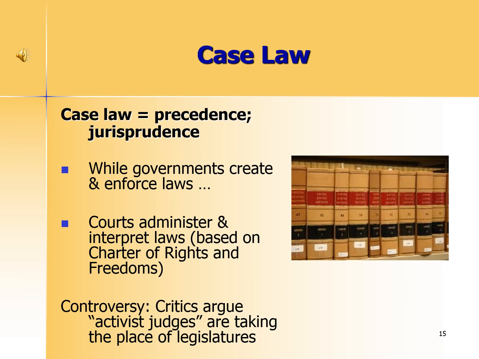So critics argue that these activist judges are making decisions that the legislature, the federal parliament, should be making. In other words, many laws are being created through case law, through decisions of judges, and not through Parliament. So I've included an article in your readings.